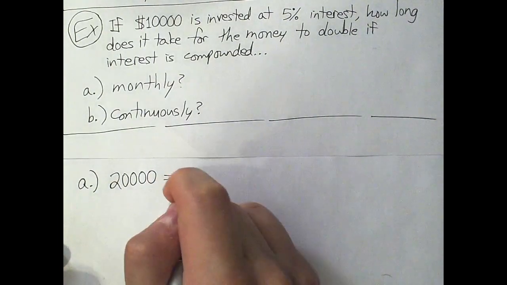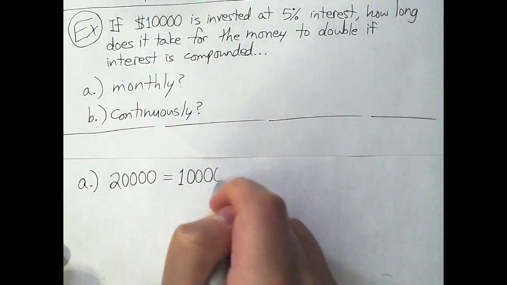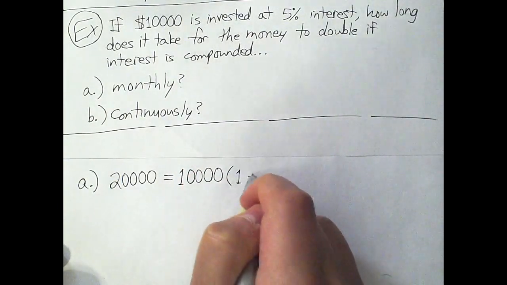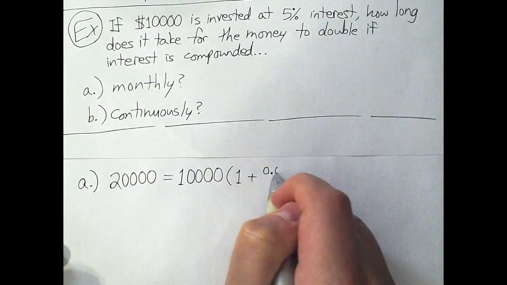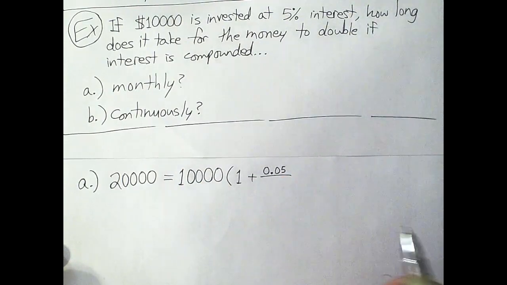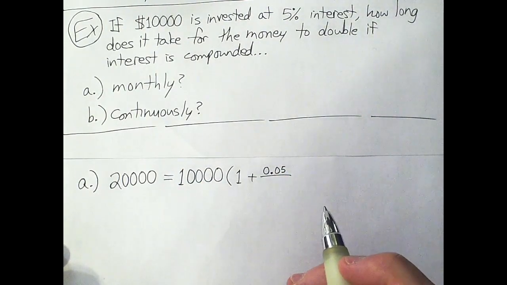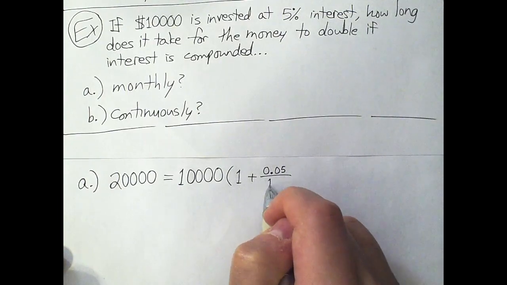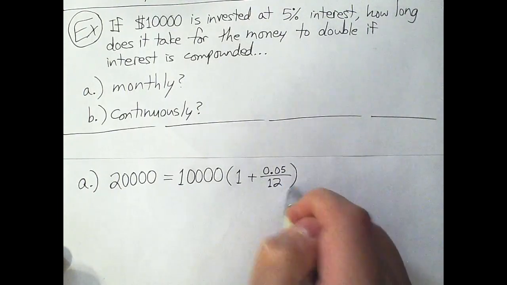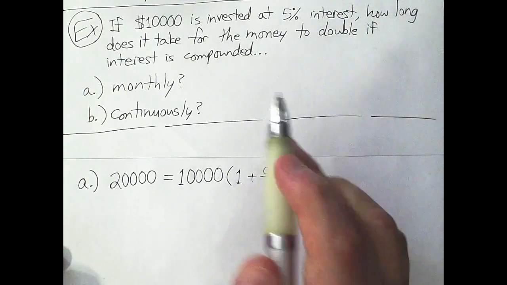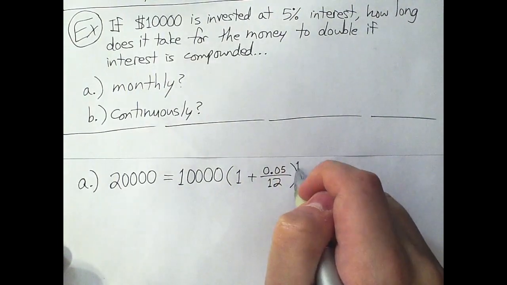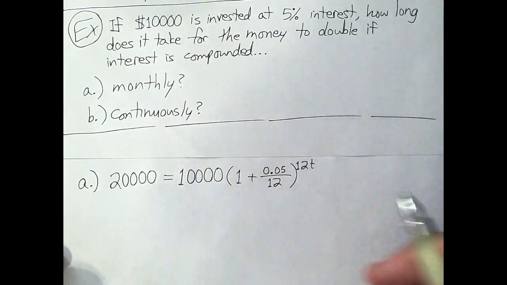So 20,000 equals the principal times 1 plus the interest rate divided by n, where n is the number of times interest is compounded per year, which is 12, raised to the nt. It's going to be raised to the 12t.